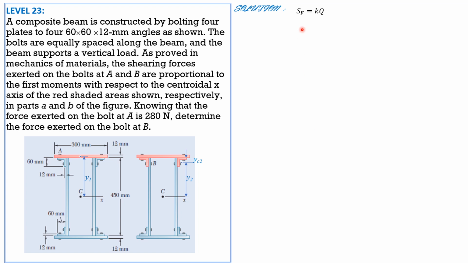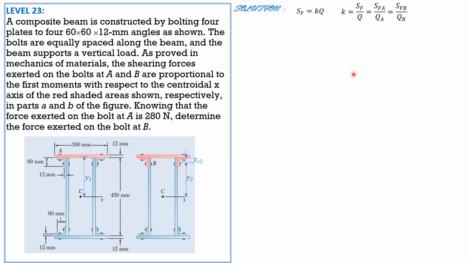So shear force is proportional to the first moment of area, which is denoted by Q, and this is the constant of proportionality. Therefore, the constant of proportionality is shear force over Q, which is the shear force in bolt A over QA, and shear force in bolt B over Q sub B.